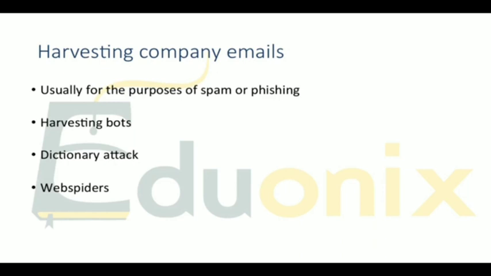For example, trying Alan at example.com, or Alana at example.com, or Alan B at example.com. And if they're accepted for delivery by the recipient's email server, instead of being rejected, they're added to the list of theoretically valid emails for that particular domain.